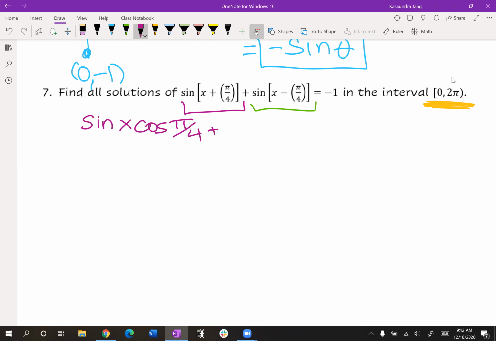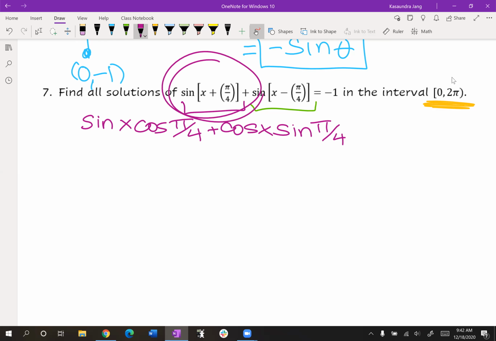Plus cosine of the u, my first angle, x, and then sine of my second angle, v, so it's pi fourths in this case. All right, so that was just the first sine. We then have a big plus sign right here.